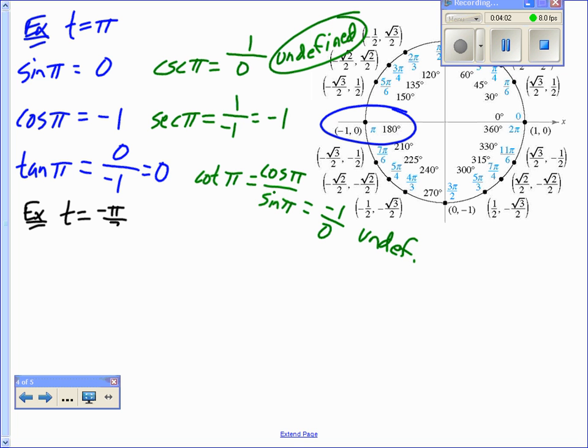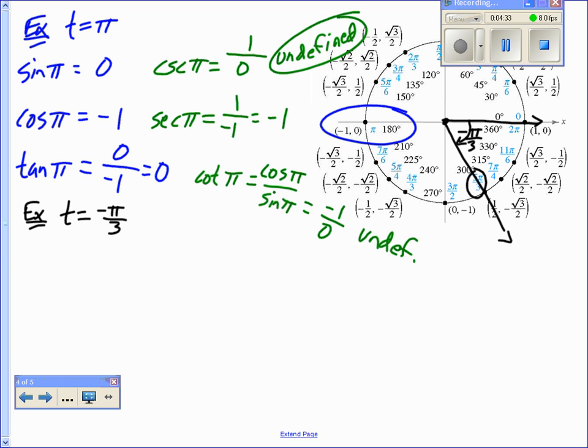First of all, pi thirds is 60 degrees, so we're rotating negative 60 degrees, negative pi thirds. You really have to pinpoint this because it doesn't show you negative pi thirds on this unit circle. So you're rotating negative 60 degrees to that spot right here, 5 pi thirds.